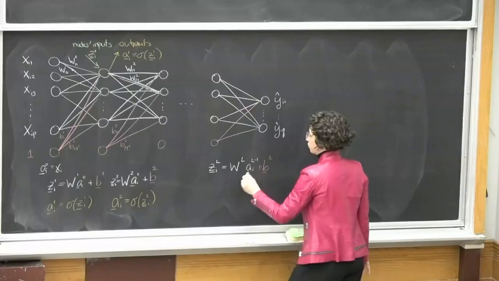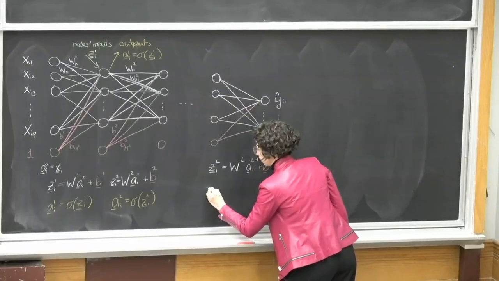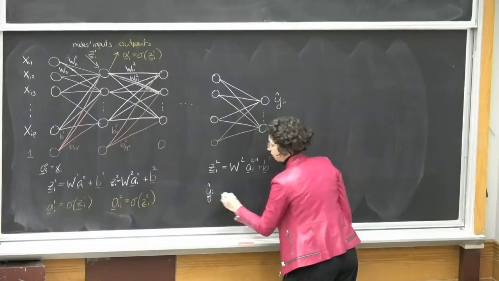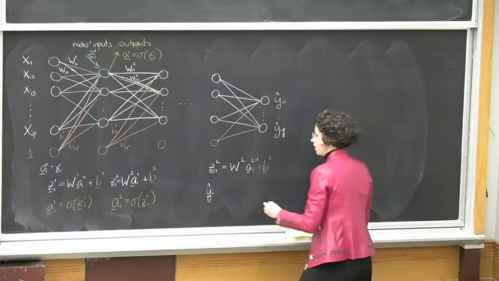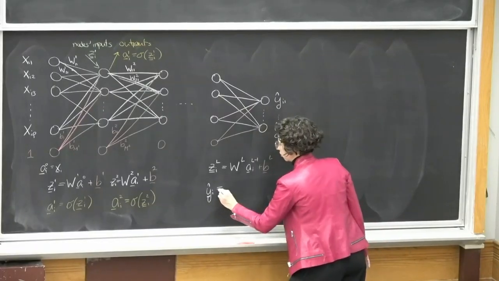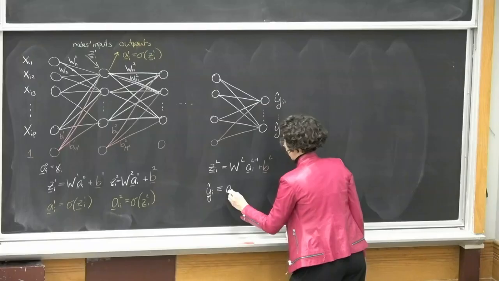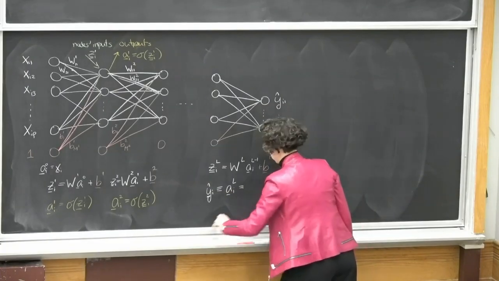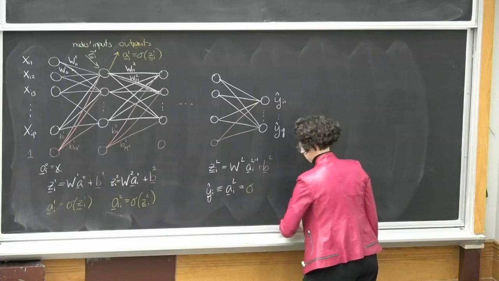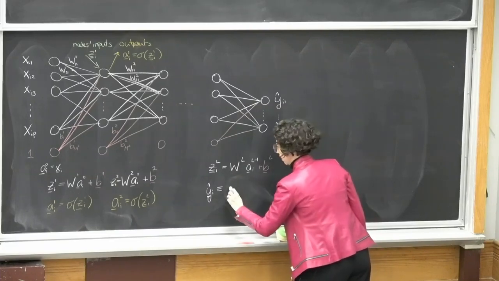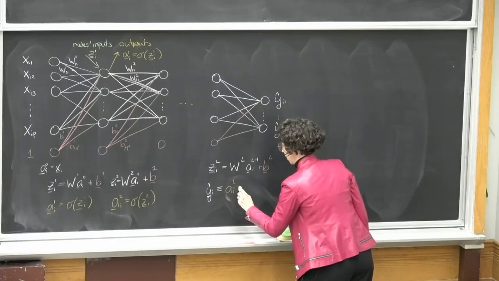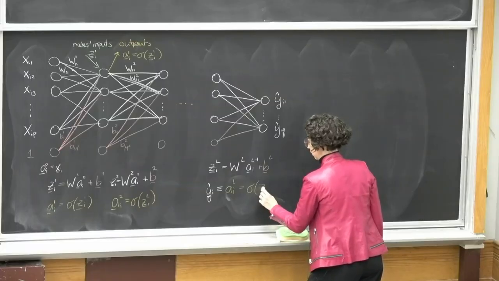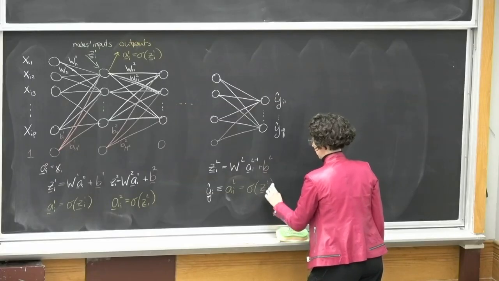And the result, the output, is going to be y_i hat. This is now a vector. And this is going to be exactly equivalent to A_i^L, or in other words, my nonlinear activation function sigma applied to Z_i^L.